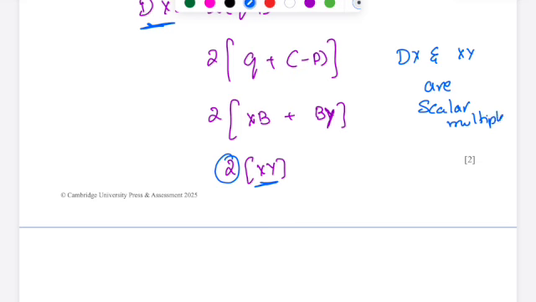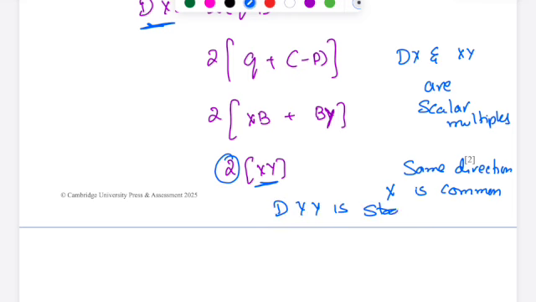Scalar multiples means they should be in the same direction, but X is common in both. So therefore, DXY is a straight line. That's going to be the answer.